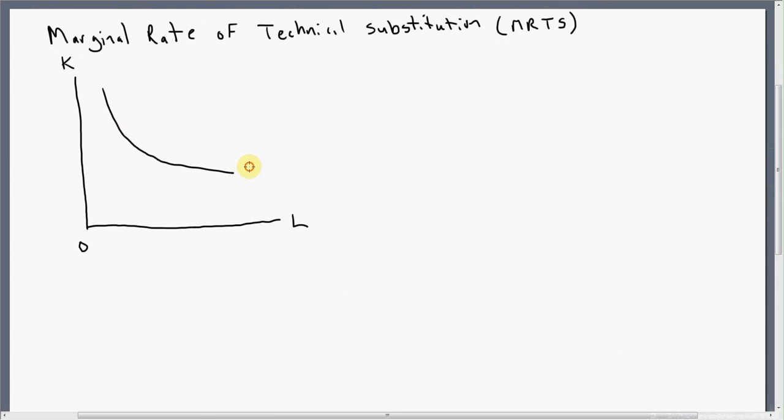So here's an isoquant, and let me put up some values up here. Say 4 units of capital and 1 unit of labor, 2 units of capital, 2 units of labor.